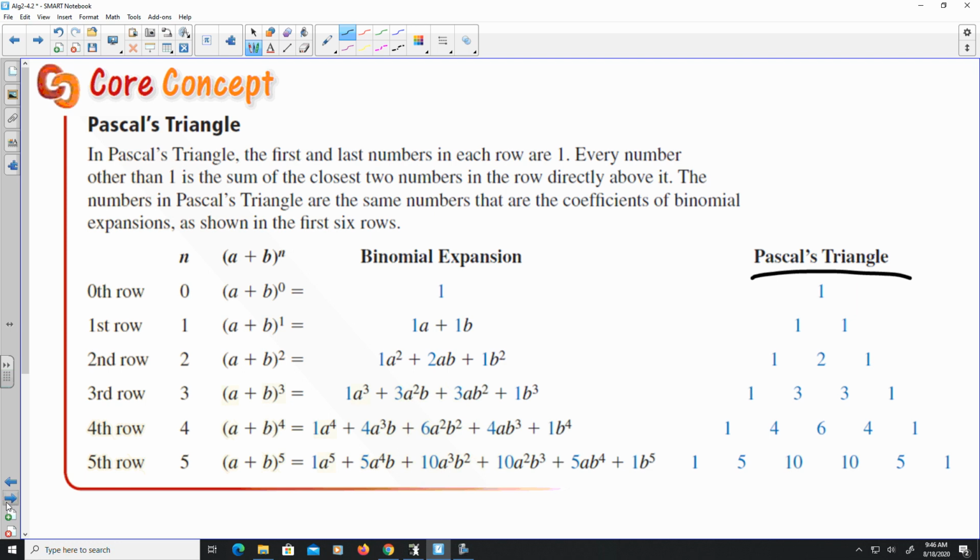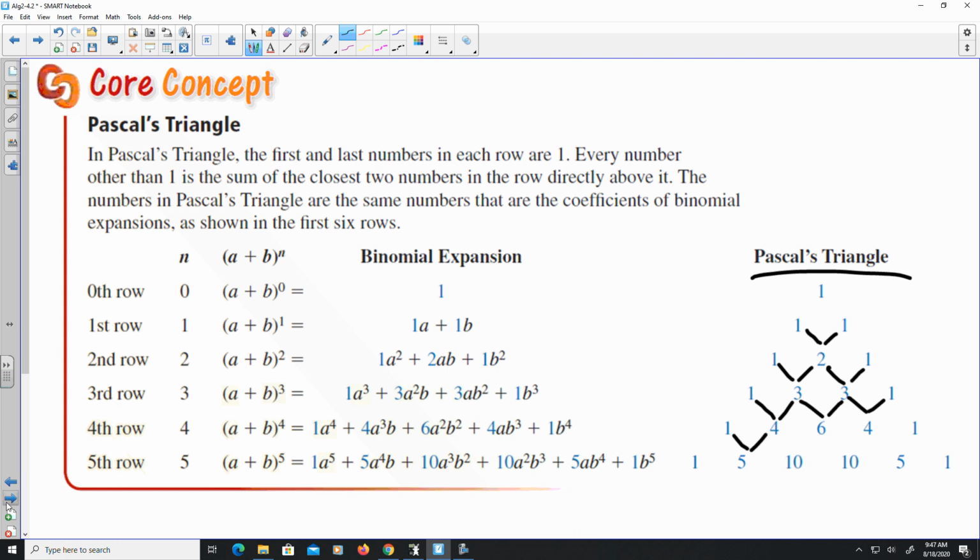So if you realize, this is 1 and 1, that makes 2. 1 and 2, that gives you 3. 2 and 1, that gets you 3. 1 and 3 get you 4. 3 and 3 get you 6. 3 and 1 get you 4.